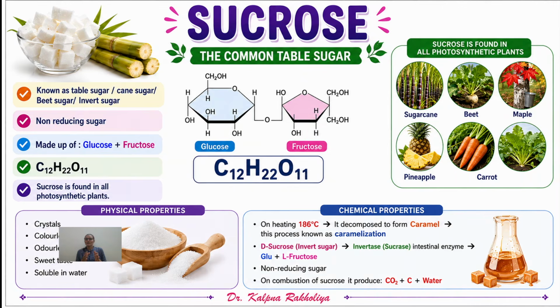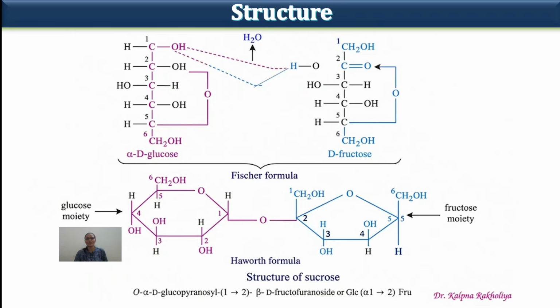When sucrose is broken down by the sucrase or invertase enzyme present in our intestine, it is converted into glucose and fructose as separate monosaccharides. When sucrose undergoes combustion, it produces carbon dioxide, carbon and water.